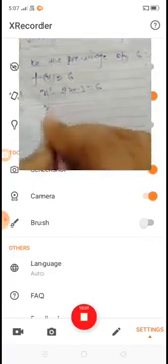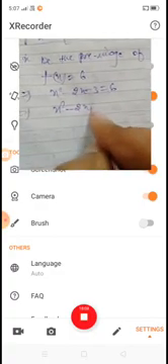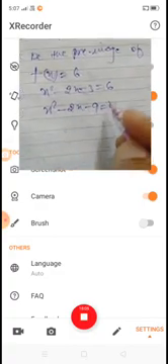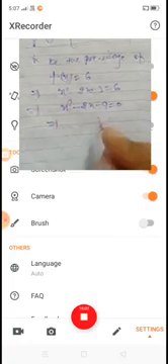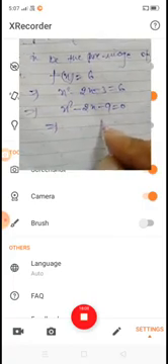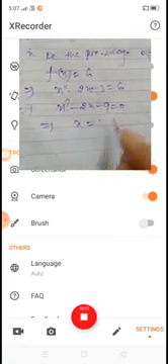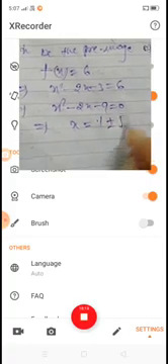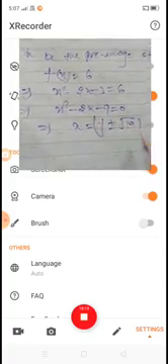Now the equation x square minus 2x minus 9 is equal to 0. After solving that equation by Sridharacharya rule, we get x is equal to 1 plus minus root 10.